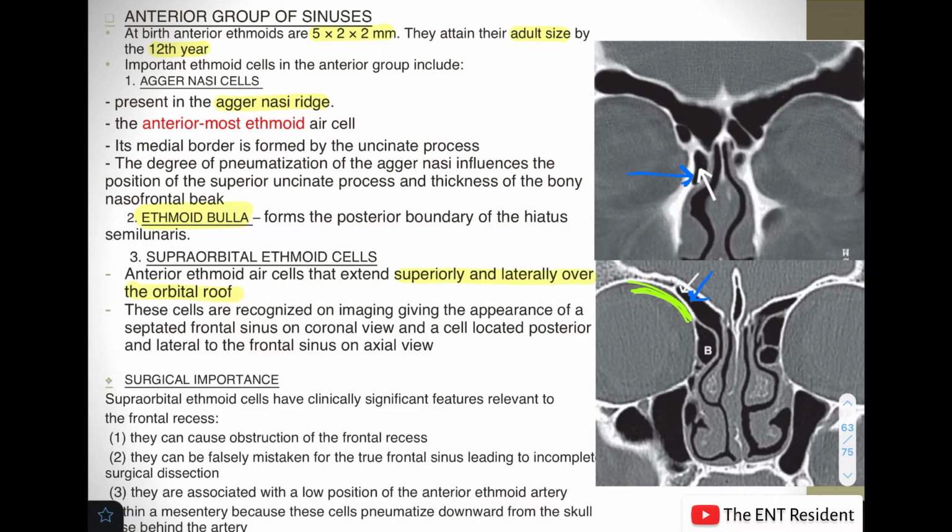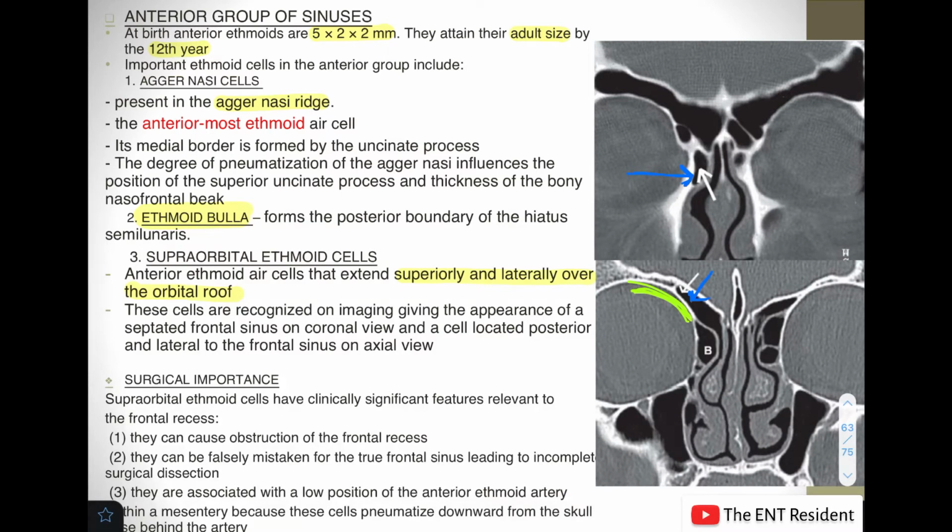When an anterior ethmoidal cell lies laterally and superiorly over it, it is known as the supraorbital ethmoidal cell. These cells are recognized on imaging, sometimes giving the appearance of a septated frontal sinus on the coronal view, and a cell located posterior and lateral to the frontal sinus on an axial view.